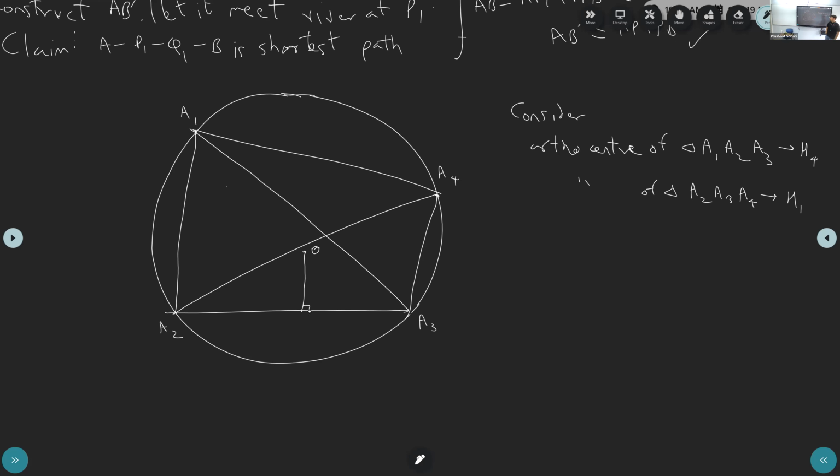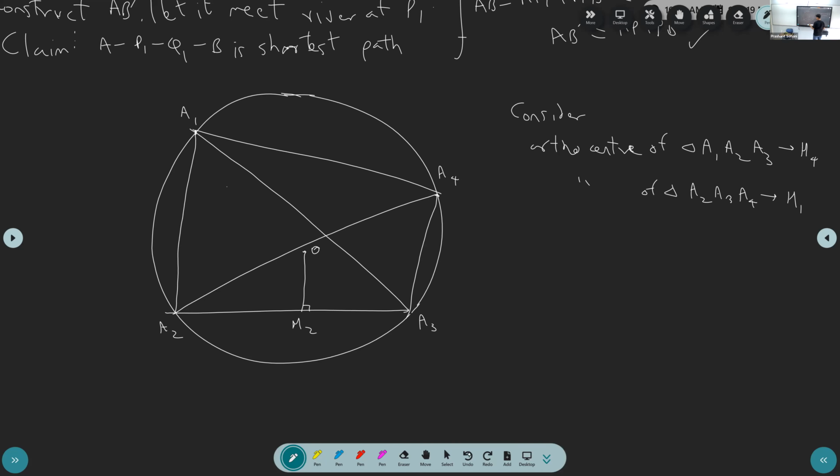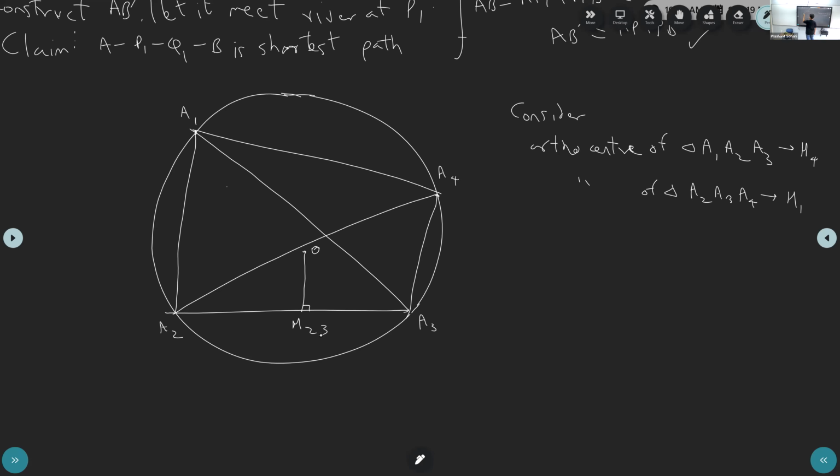What does the orthocenter have to do with this? If I call this midpoint M23, midpoint of A2A3, so what is the relation of this with the orthocenter of A1A2A3? This is the orthocenter H4.